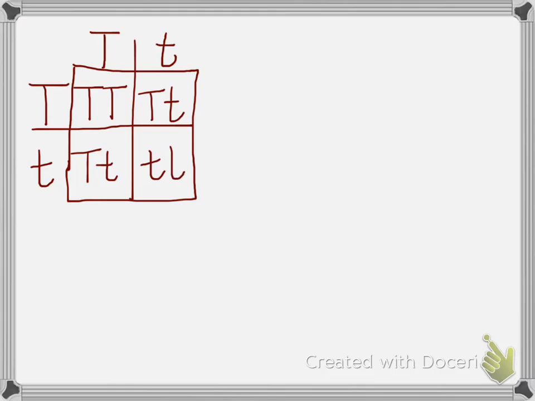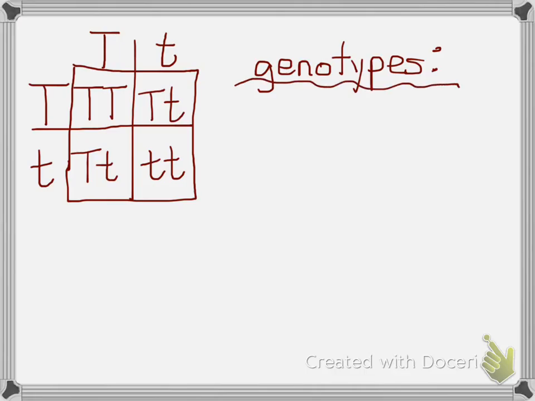And we have our possible offspring from this cross. So when we want to look at the offspring genotypes, we're going to read just like we would a book, so we always read top to bottom, left to right.